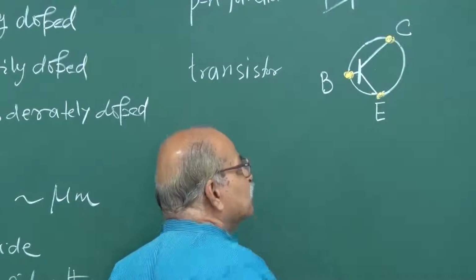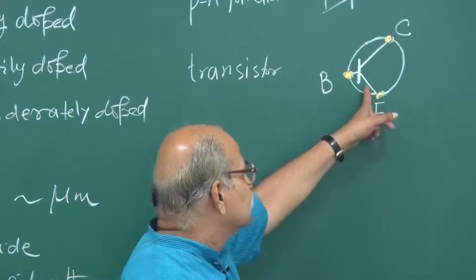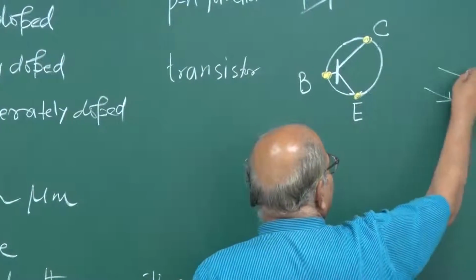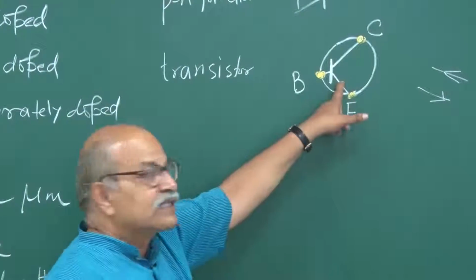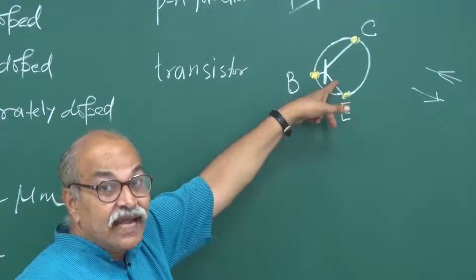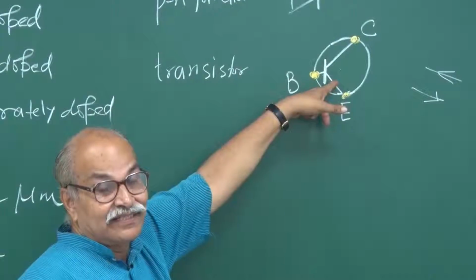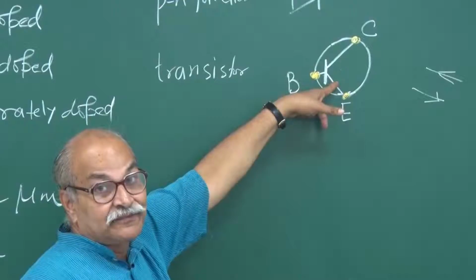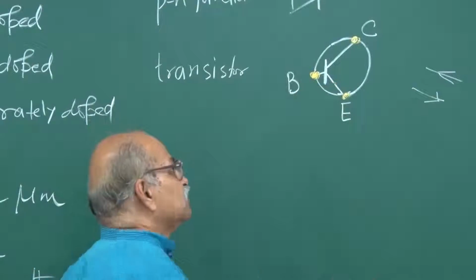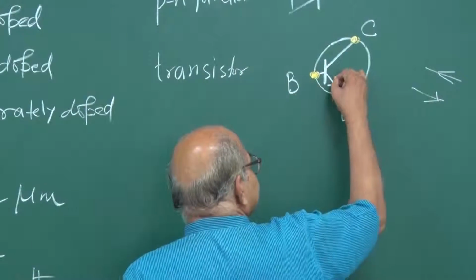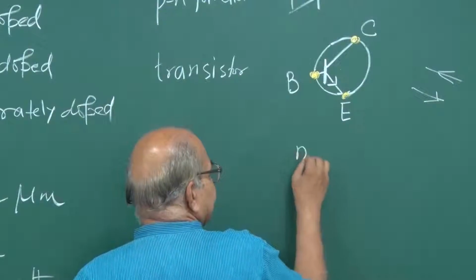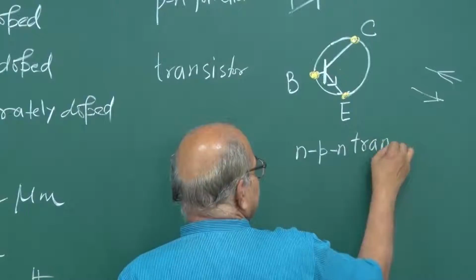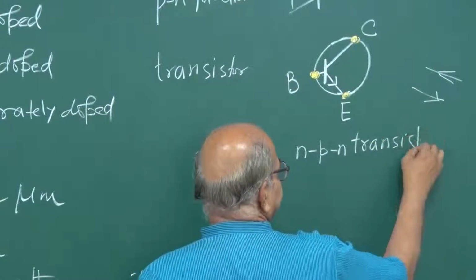Arrows can be put in two ways, and that decides whether it is the symbol for an NPN transistor or a PNP transistor. If I put an arrow here, this is the symbol for an NPN transistor.